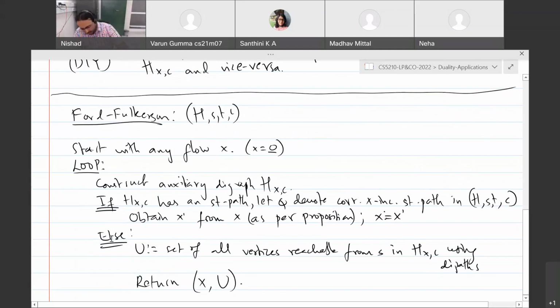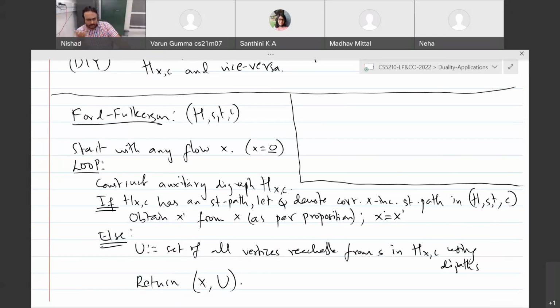As we noted last time, assuming that you have integral capacities, the total number of loop iterations will be upper bounded by the flow value for a maximum flow.